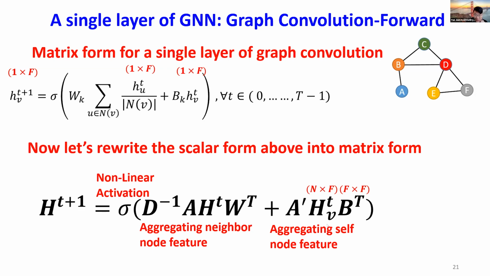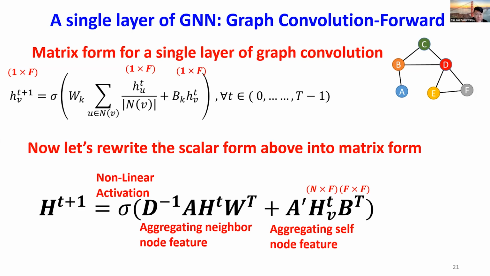The right term does the self-loop message passing to pass the node features to itself and also applies a learnable weight term. After we sum up the two, we apply a nonlinear activation, sigmoid here or another nonlinear activation, it doesn't matter too much, and it will produce the node feature embeddings of the next layer at time step t+1.